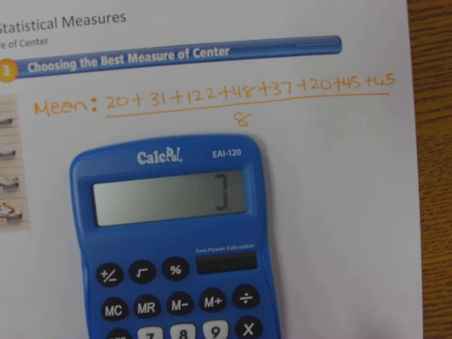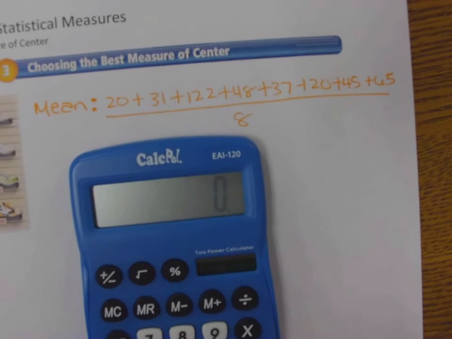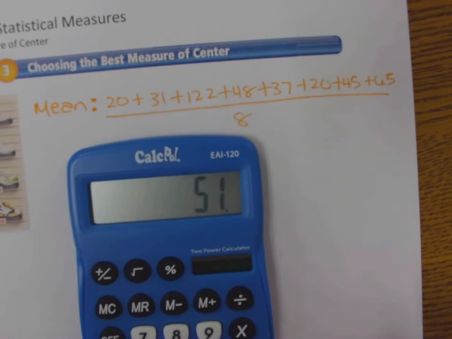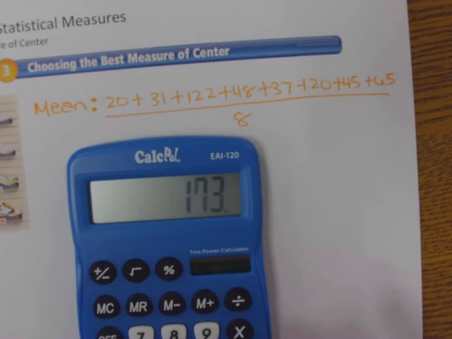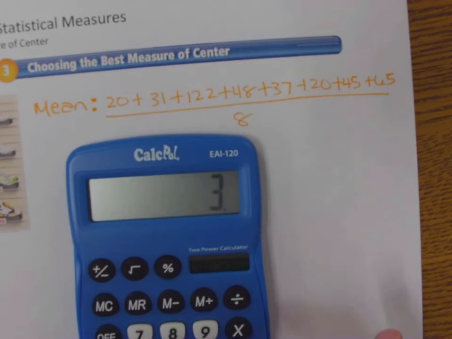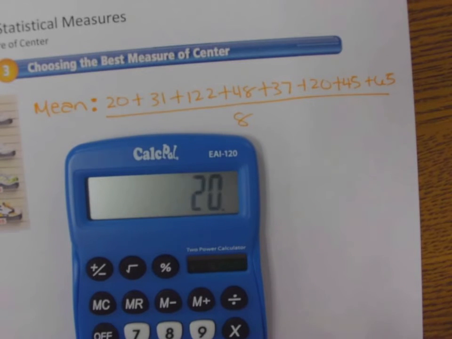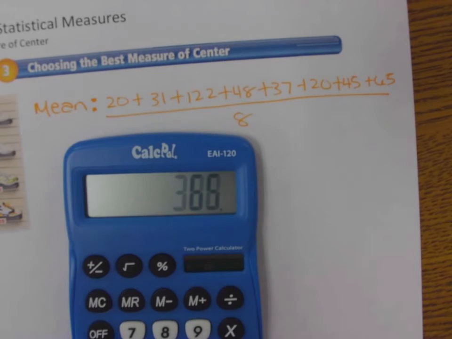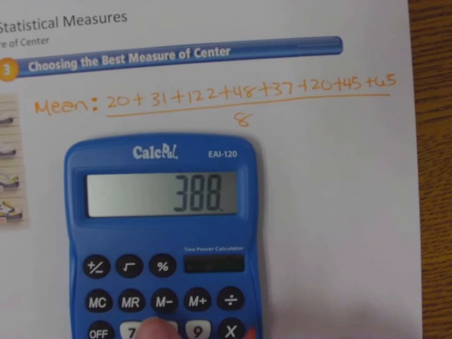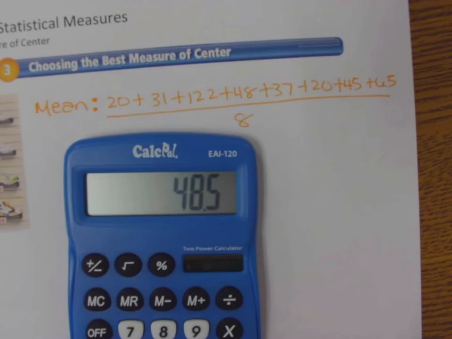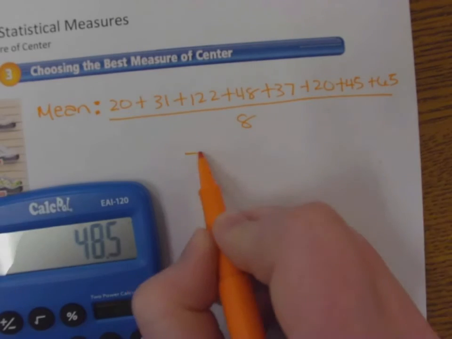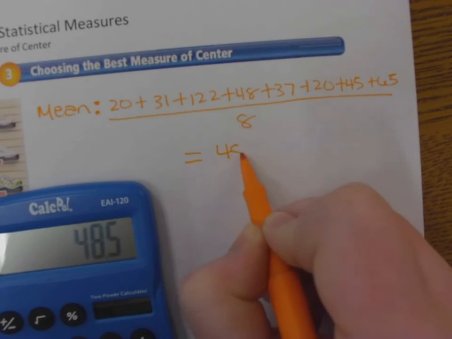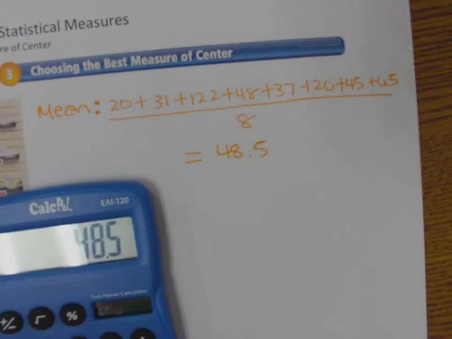That sum equals 388. And then we're going to divide that by how many data values we have, which is 8. So our mean here is 48.5.